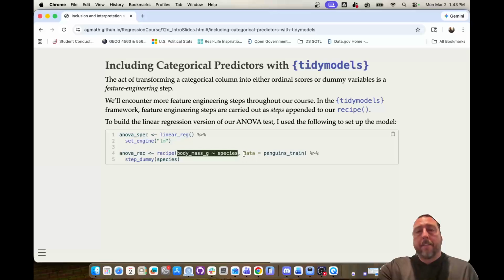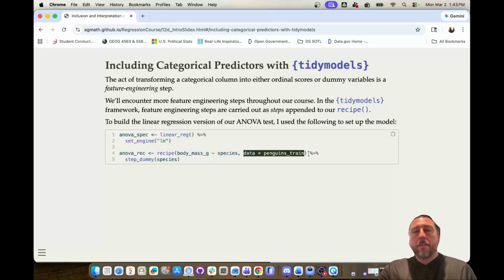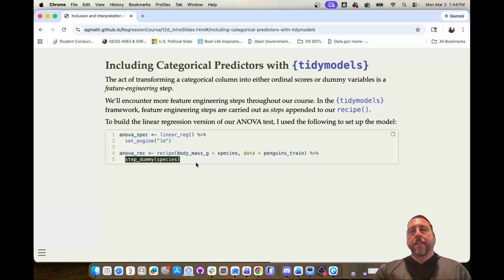Just like with all our previous recipes, we have to declare where R can find the data. Those columns are available in the penguins_train data set. But now something new. We're going to pipe that recipe into a feature engineering step. We can pipe into as many feature engineering steps as we want. This feature engineering step is called step_dummy, and this is going to get those dummy indicator variables for our species.